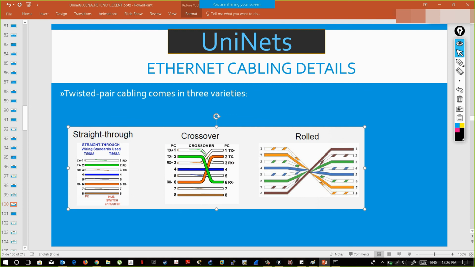This one is straight, this one is crossover, and this is rollover. In order to understand it, just remember this. Straight through will be 1 to 1, 2 to 2, 3 to 3, 6 to 6. Crossover will be 1 to 3, 2 to 6, 3 to 1, 6 to 2. And rollover will be 1 to 8, 2 to 7, a complete reverse.